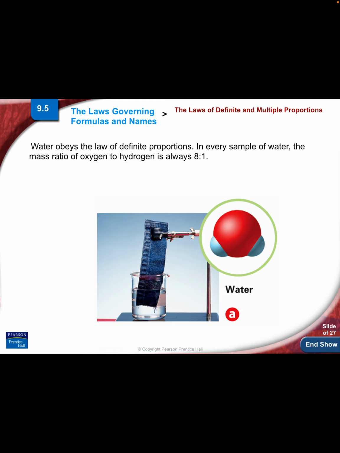I know it's 1.0017 or something like that. But for our practical purposes, there are 2 hydrogens each with a mass of 1 for a total mass of 2, and oxygen has a mass of 16, so the ratio is 8 to 1.